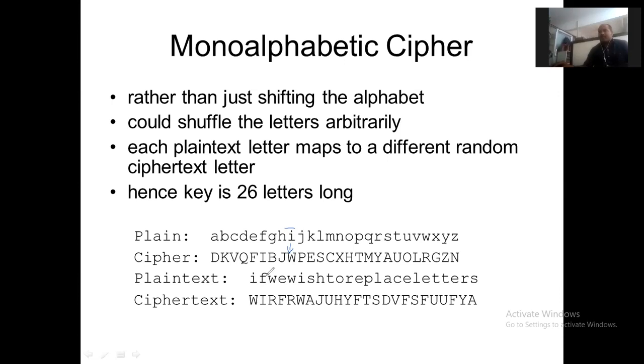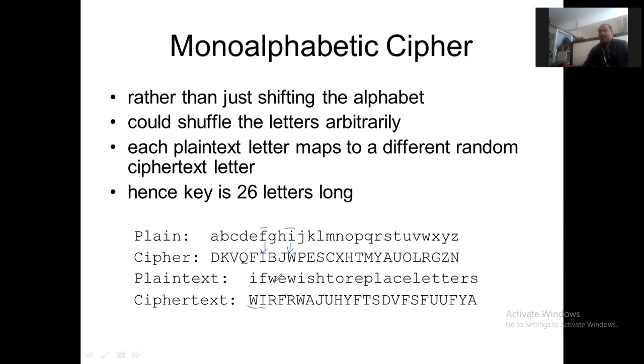In a similar way, the F is there. You need to search the plain text row. So where is the F here? F is here. And what is the corresponding letter in the cipher row? For the F, we have the I here.